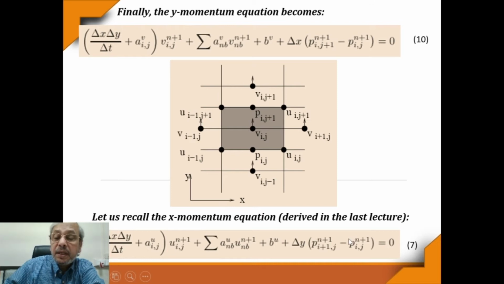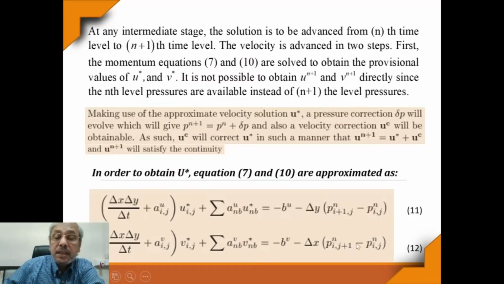And pressures are written at n plus 1. Whereas equation 11, this is also x momentum equation, but all the velocities u ij, u i plus 1 j, u i minus 1 j, u ij plus 1, u ij minus 1 are starred quantities. That means these are not exactly at the level n plus 1, somewhat similar to that, but different. That is why those are starred quantities, and pressure is at nth level pressure.